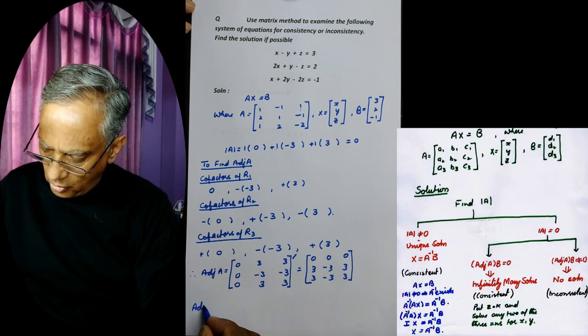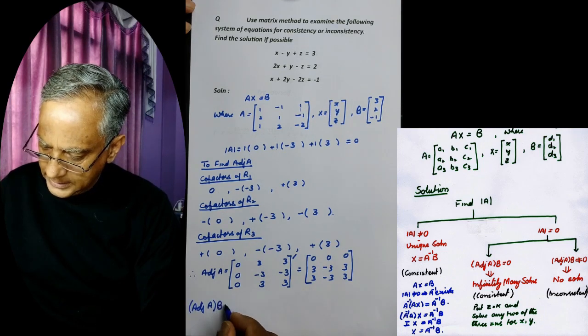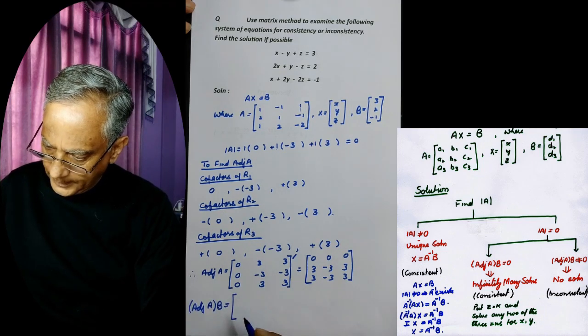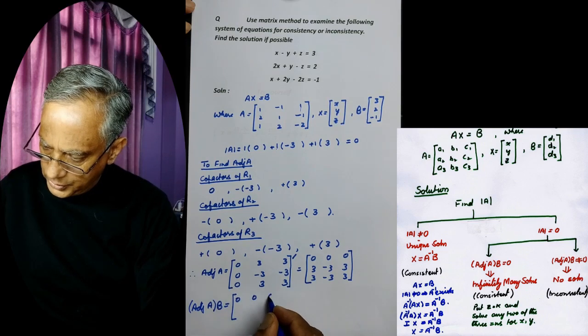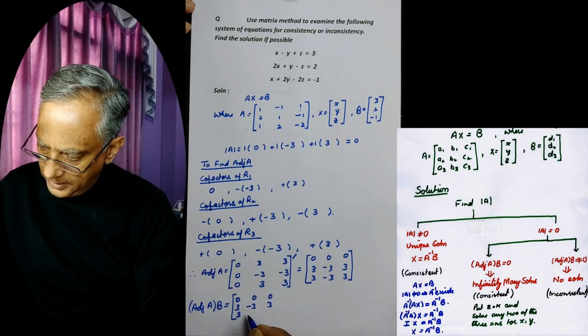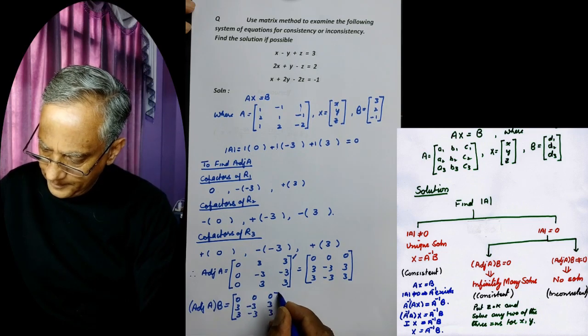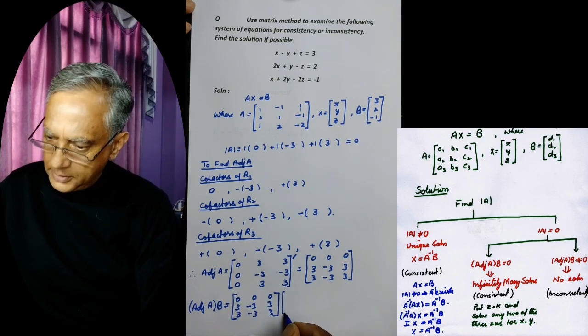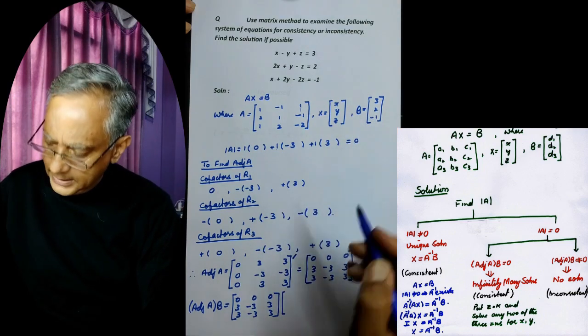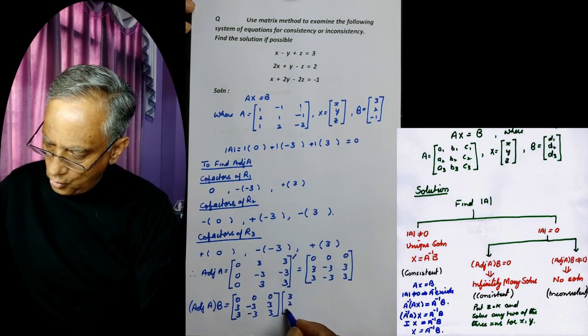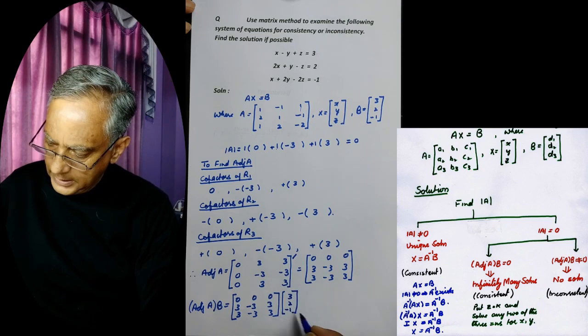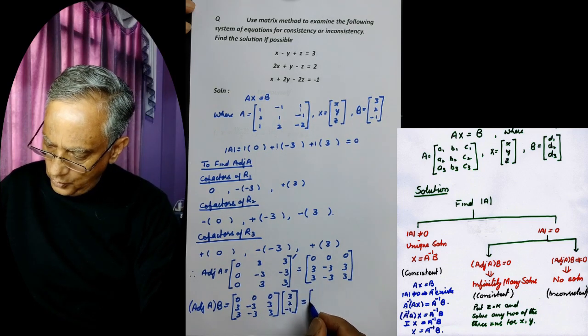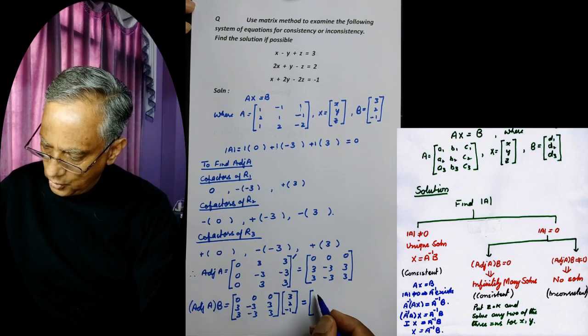Therefore adjoint of A into B is equal to 0 0 0, 3 minus 3 3, 3 minus 3 3, into B. How much is B? B is 3 2 minus 1. So this is equal to, now this into this, 0 0 0.